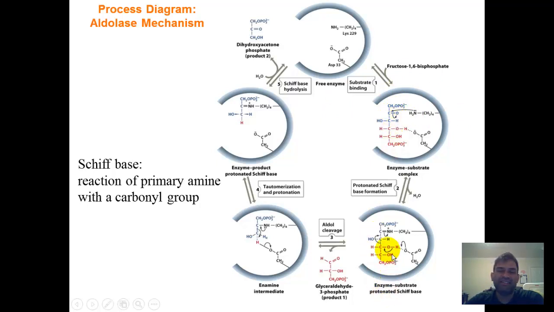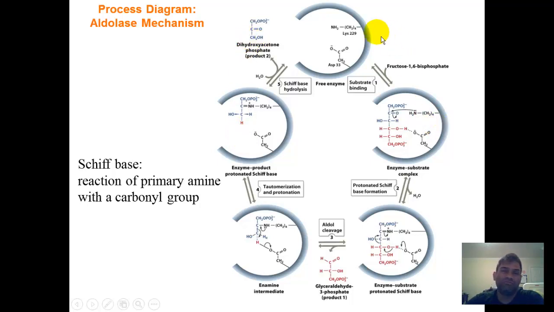The Schiff base is very, very unstable. So due to the instability of the Schiff base, this leaving group becomes glyceraldehyde 3-phosphate. So that's one of your products that comes out. And then we have another, this is going to be an aspartate side chain that's going to create the final product, and the final product is dihydroxyacetone phosphate.